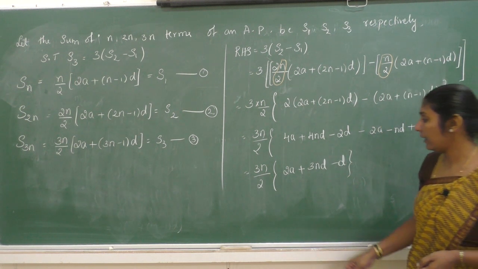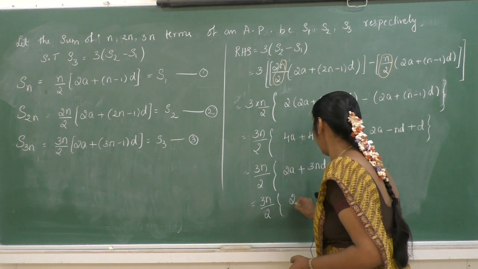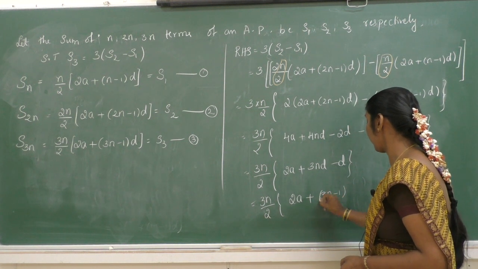Right. So, we get 3n divided by 2 into 2a plus d, taking common, what remains is 3n minus 1 into d.